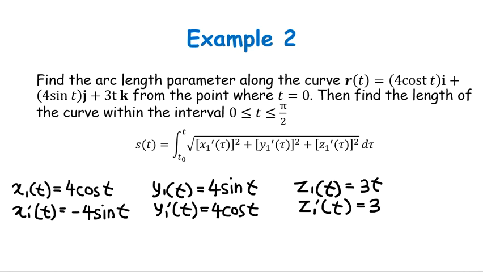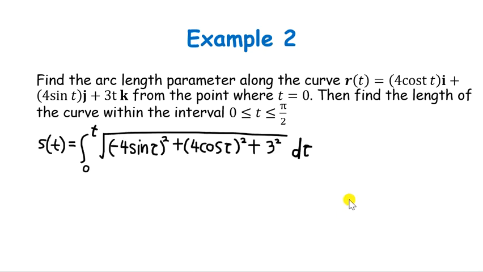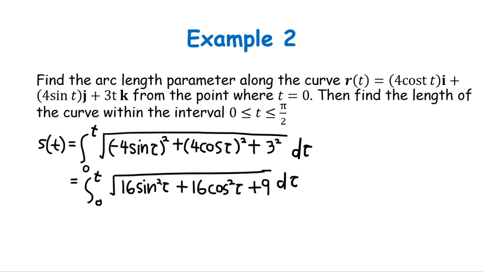Now we can plug the derivatives of these components into our equation. After we plug in all these values and expand the equation, you will obtain 16 sine squared delta plus 16 cos squared delta plus 9.